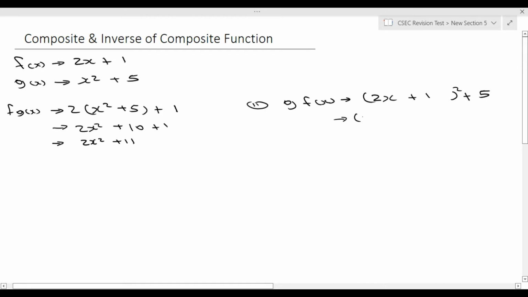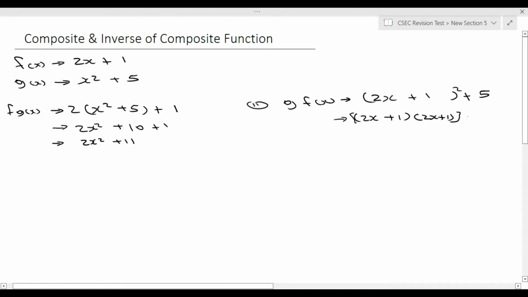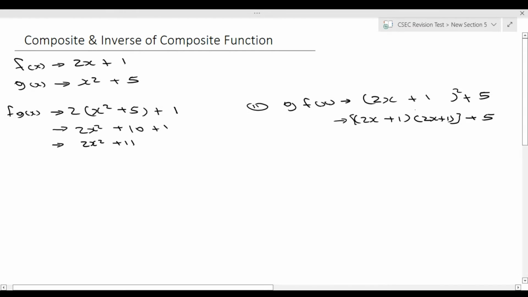The easiest way to do this is to write our bracket squared, and this will be plus 5, with everything in this bracket being multiplied by everything in that bracket.